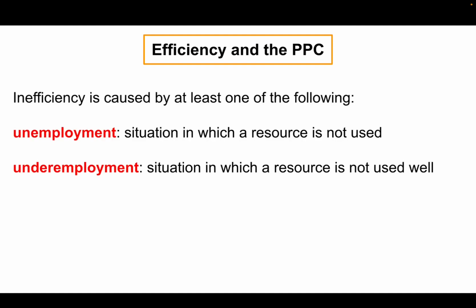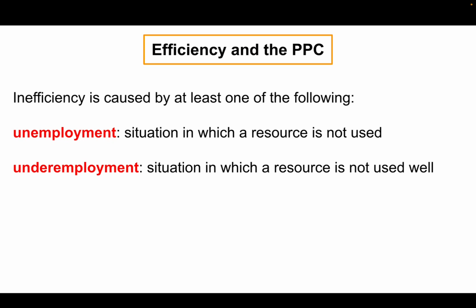So, inefficiency is caused by at least one of the following. Either you have what's called unemployment, which you may be familiar with in a labor context, but it applies to any resource that is not being used, which makes sense because if you're unemployed, what resource are you not using? Your labor. The other situation that would cause inefficiency is underemployment, a situation in which a resource is not used well.